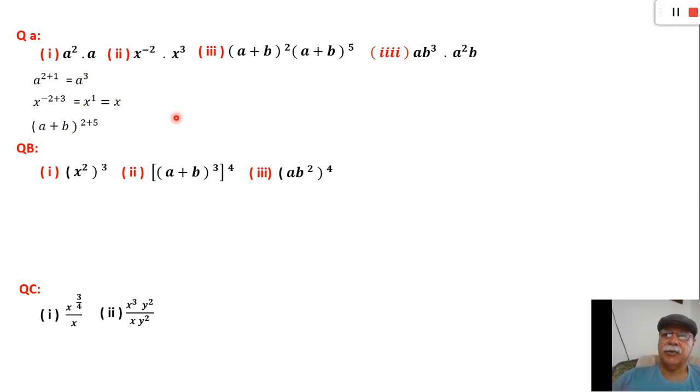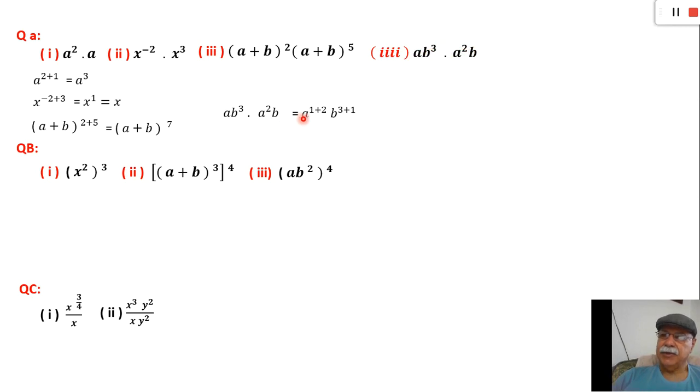Part 3 is like this also. 5, 3, 5, 2 plus 2, 2 plus 5. Bracket power 7, bracket power 7, a plus b in the bracket power 7. Part 4 is exactly the same here. You must add, because a plus 1 plus 2, 3 plus 1.